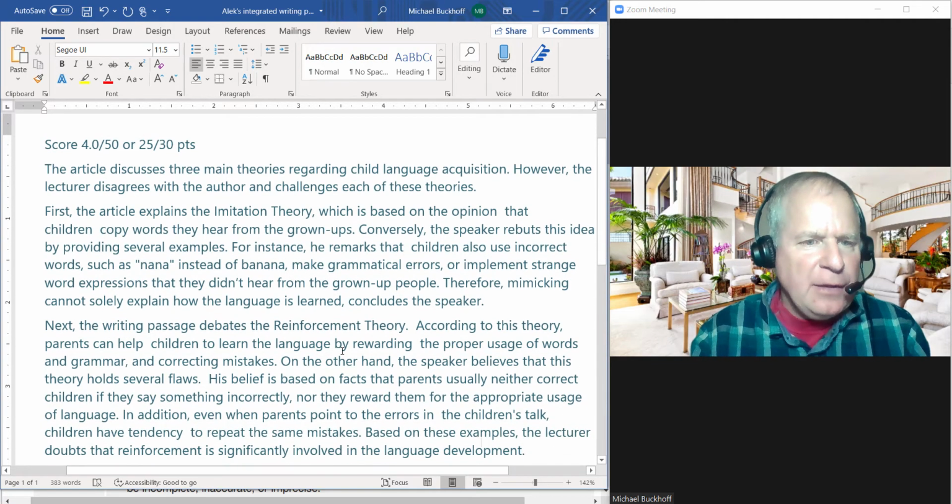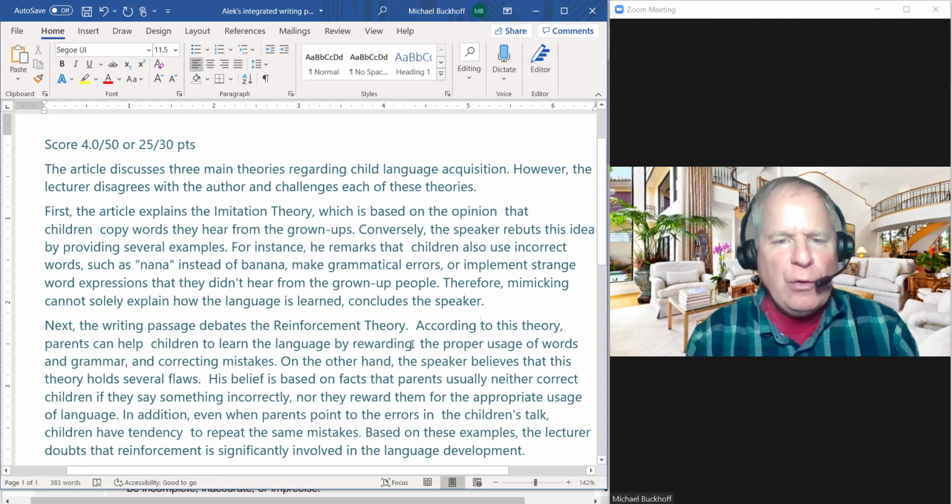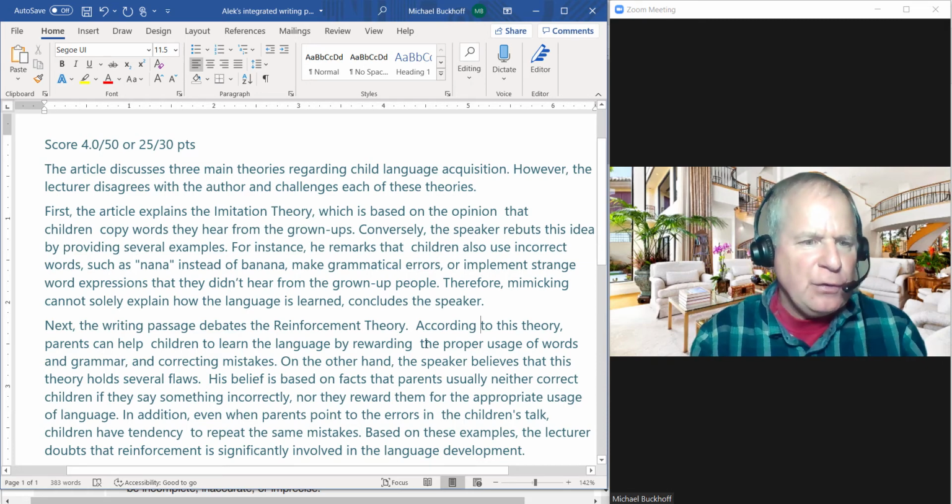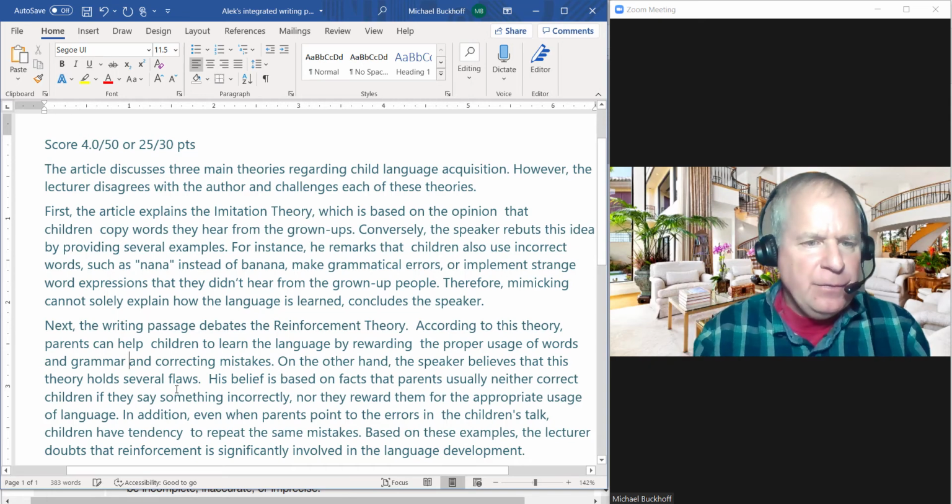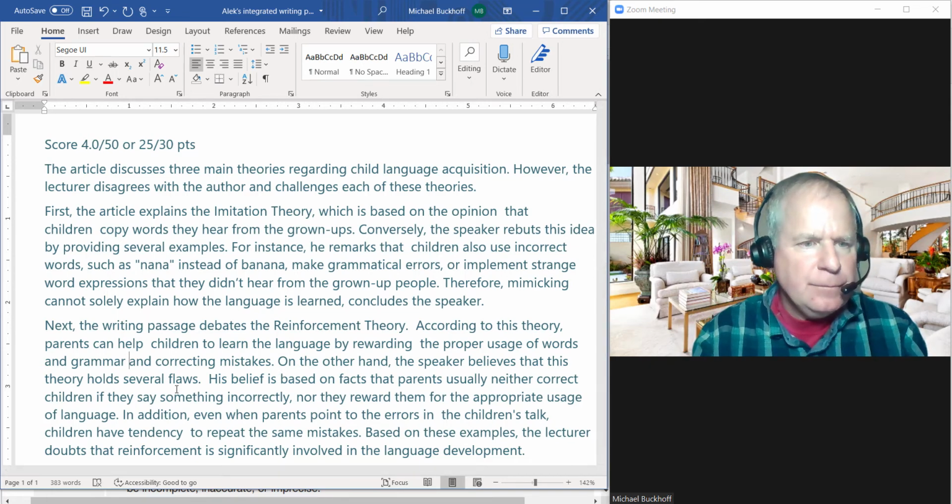Next, the writing passage debates the reinforcement theory. According to this theory, parents can help children to learn the language by rewarding the proper usage of words and grammar and correcting the mistakes. On the other hand, the speaker believes that this theory holds several flaws. This is a great sentence.